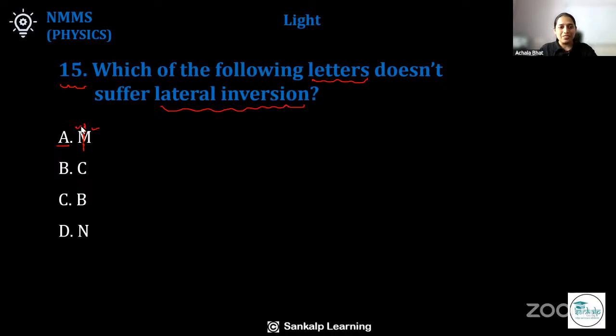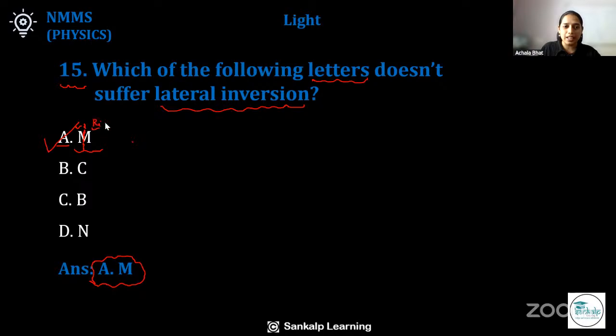So, when we see this letter M in plane mirror, what happens? Even though left side and right side are laterally inverted, image observed is M only. Therefore, the correct option is option A, M.